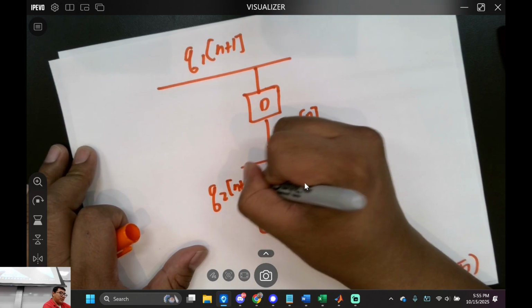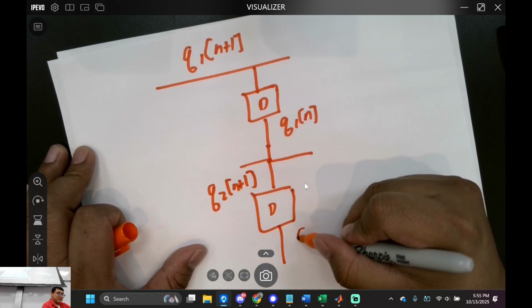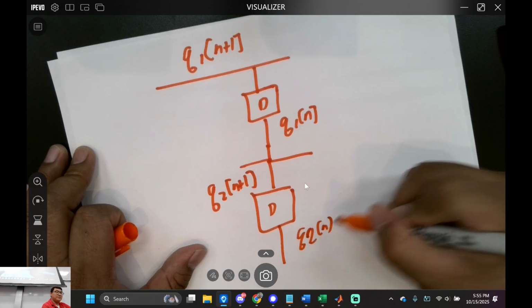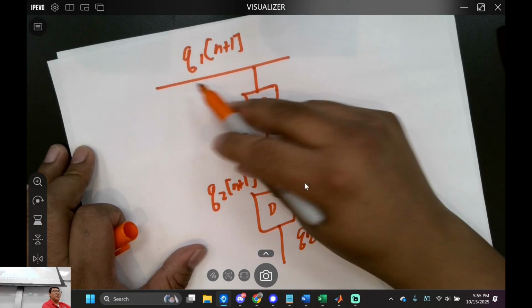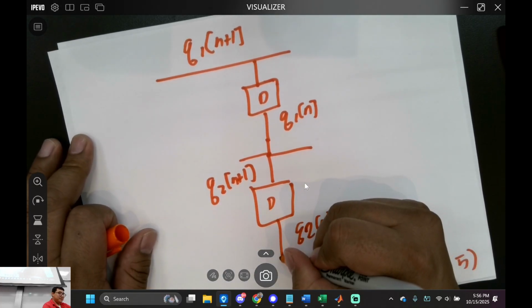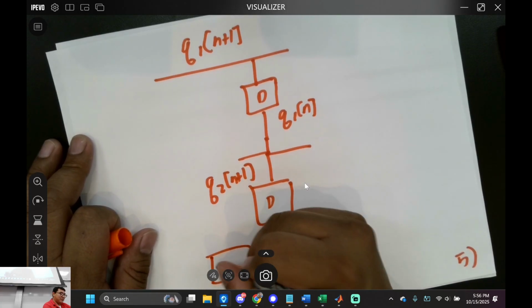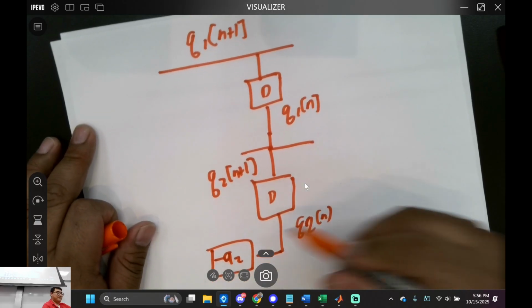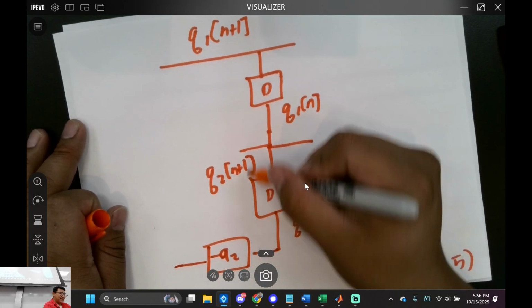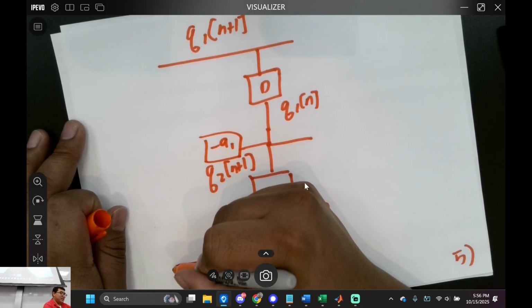Q2 of n plus 1, and I want to delay that, correct? Q2 of n. And we're going down the waterfall, right? Then I'm going to feed back with A2, correct? Then I need to add another gain right here, A1, correct?